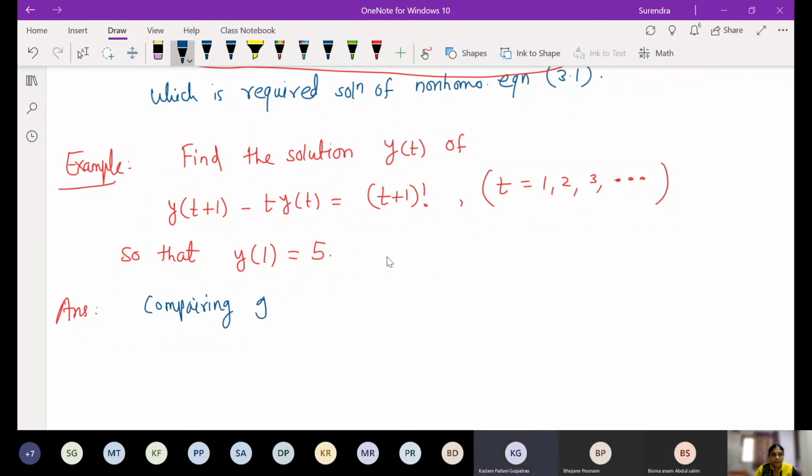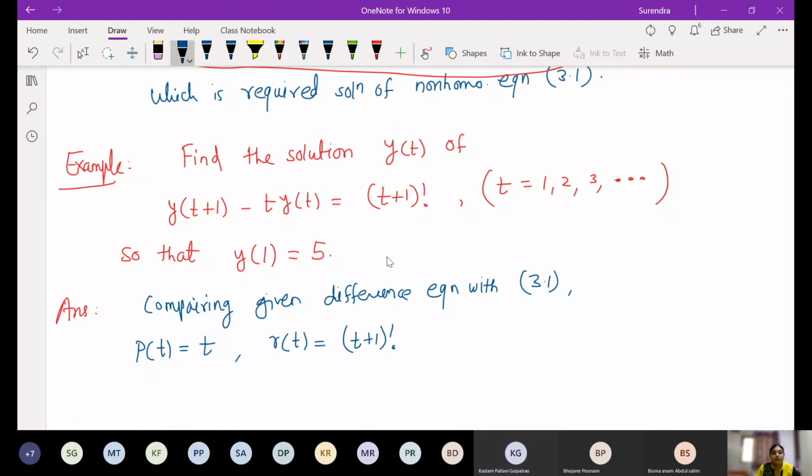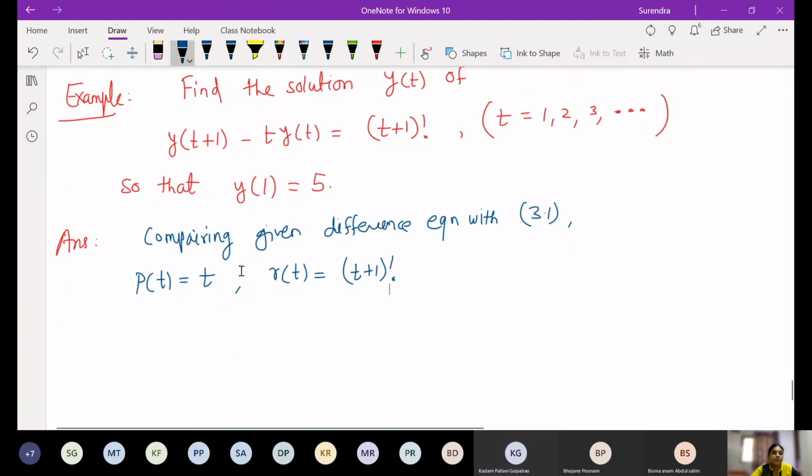Comparing the given difference equation with the general difference equation 3.1, what do we get? P of t is nothing but t. And what is R of t? R of t is (t+1) factorial. Is that okay?